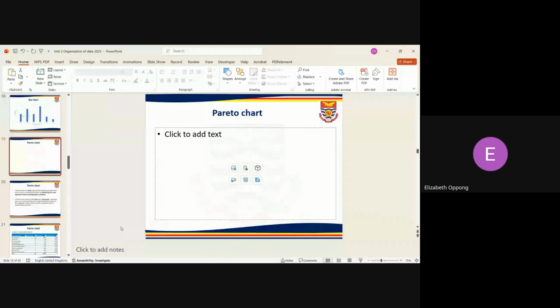Added to what my brothers are saying, some real life situations include, let's say, in business, 80% of the work is carried out by 20% of the employees. So that is about the Pareto principle. And then secondly, 20% of motorists cause 80% of accidents. So that's what I also want to add to what my brothers have said.